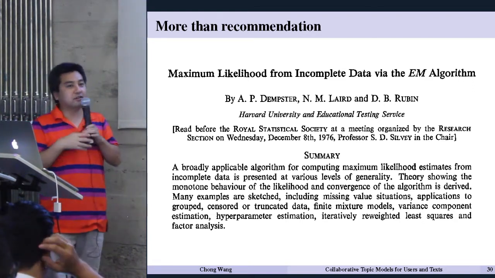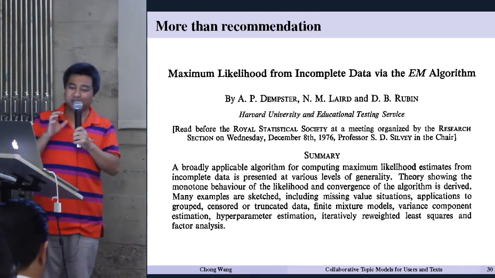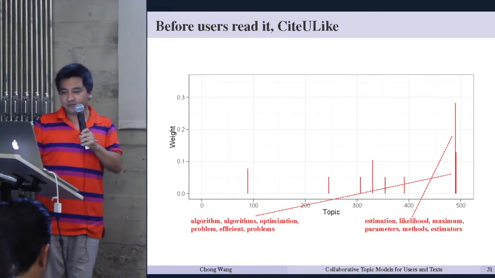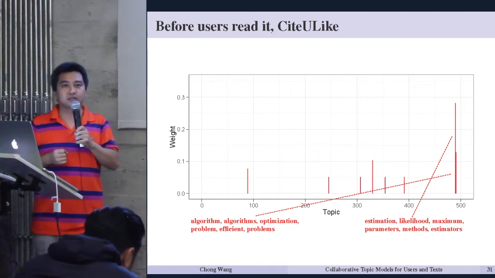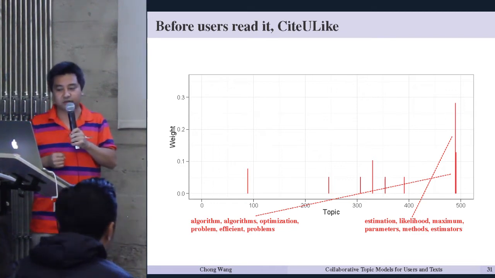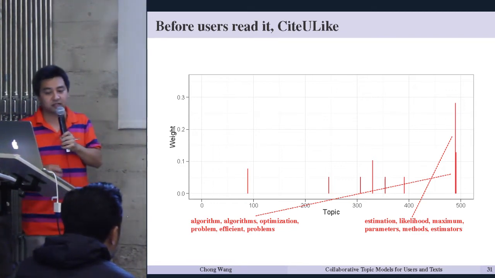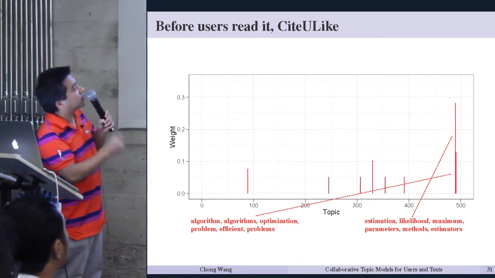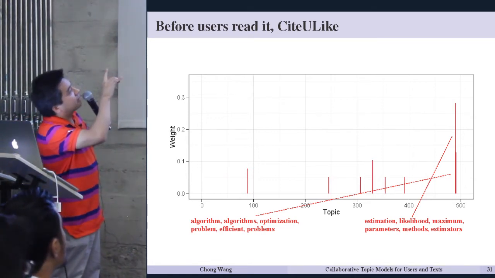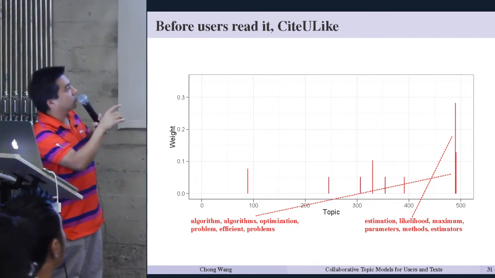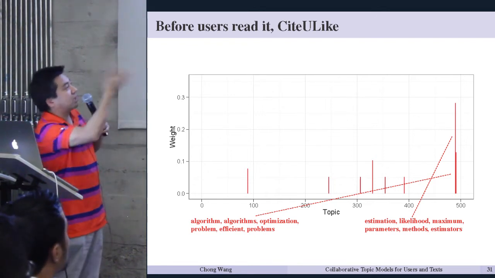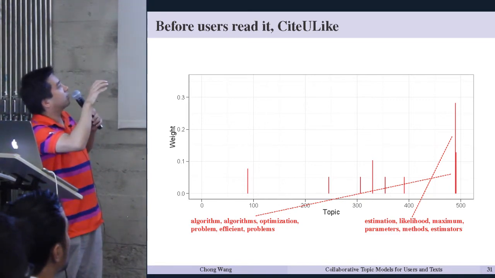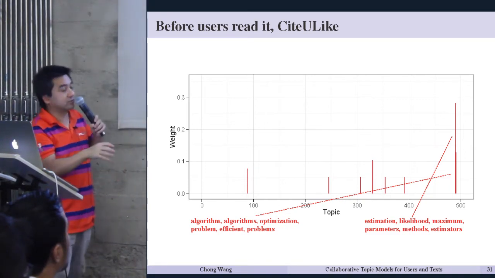Okay, so here's an article we just saw a few times in this talk. Here is the actual topic proportion for this document from the CiteULike data set. For example, it has a very high topic proportion for parameter estimation, and a somewhat lower topic proportion for algorithms and optimization.